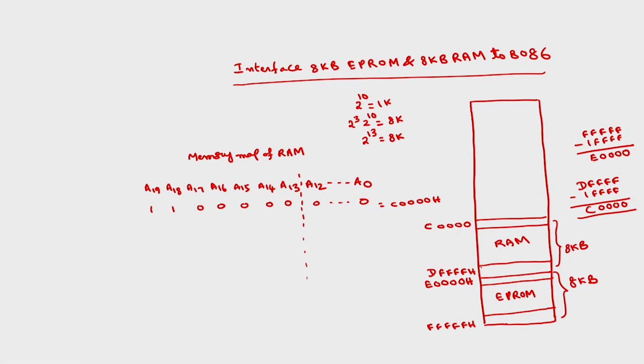You see E0000, D0000 minus 1 is C0000. Then the ending address will be DFFFFH. D is 13, which is 1101, F is 1111, and then all ones. This is the address corresponding to DFFFFH.